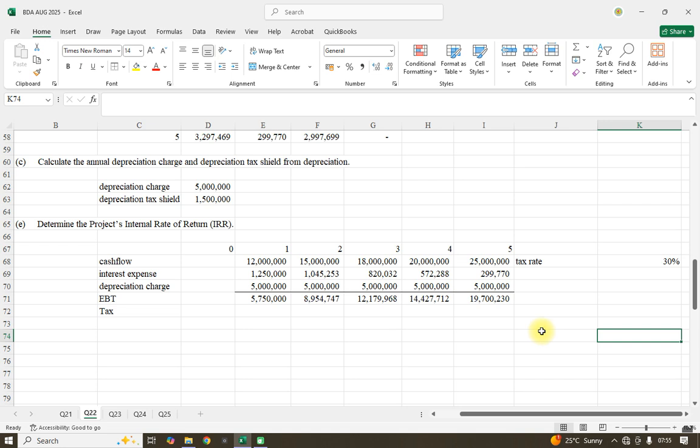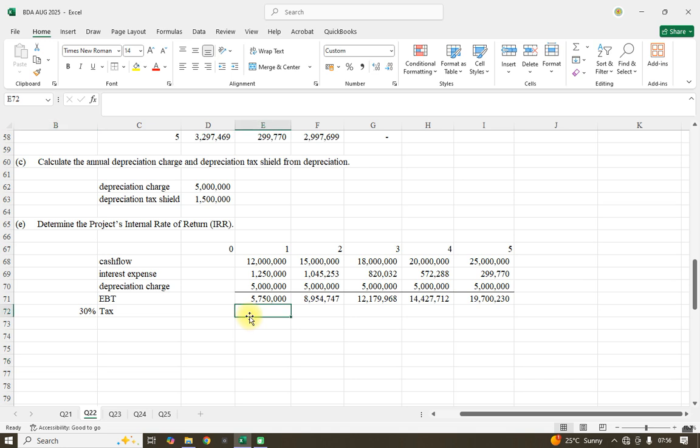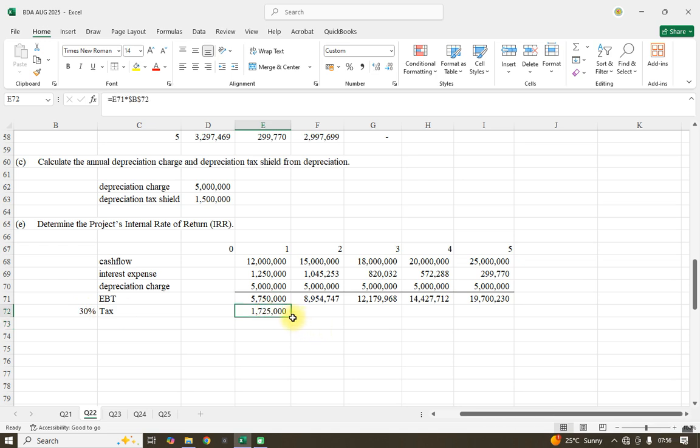There is no problem with having it here. Let me just use my tax of 30%, so that here it will be this by 30. I will lock the 30% here, and you can go the route of tax shield because already we have the tax shield there. Then you shall have earnings after tax.